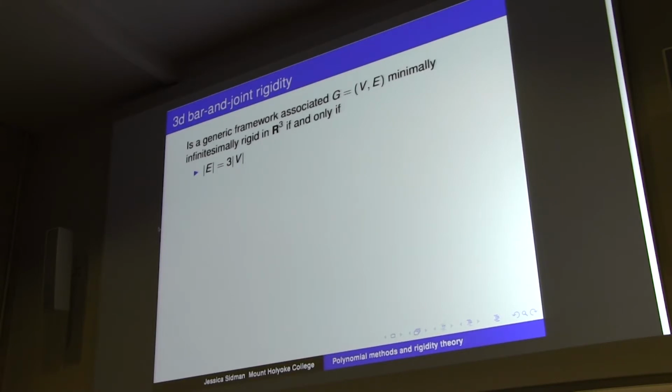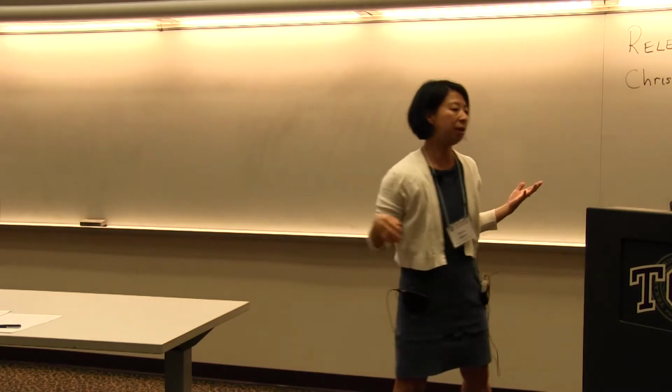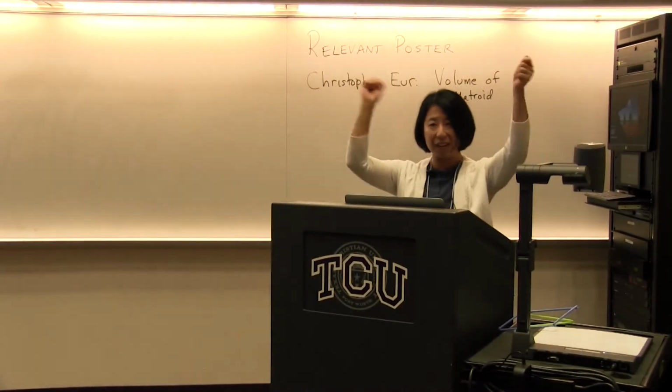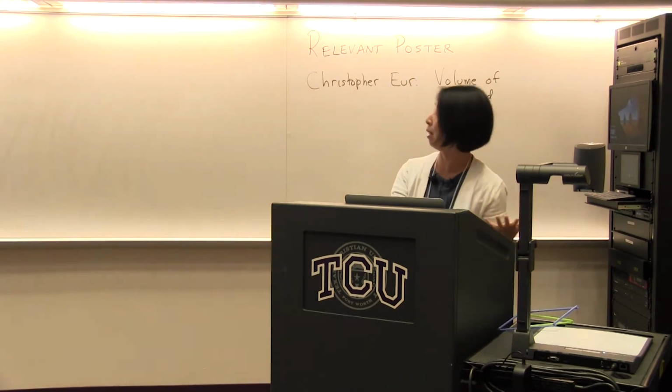So you might say, well, is it true that if you have a generic framework associated to a graph, it is minimally infinitesimally rigid in R3 if and only if... so what should the generalization look like? Well, each vertex is like a point in R3, and so each vertex has 3 degrees of freedom since it's in 3 space. Okay, so we might say you have 3v degrees of freedom in this system that you want to eliminate. How many of them can you eliminate?